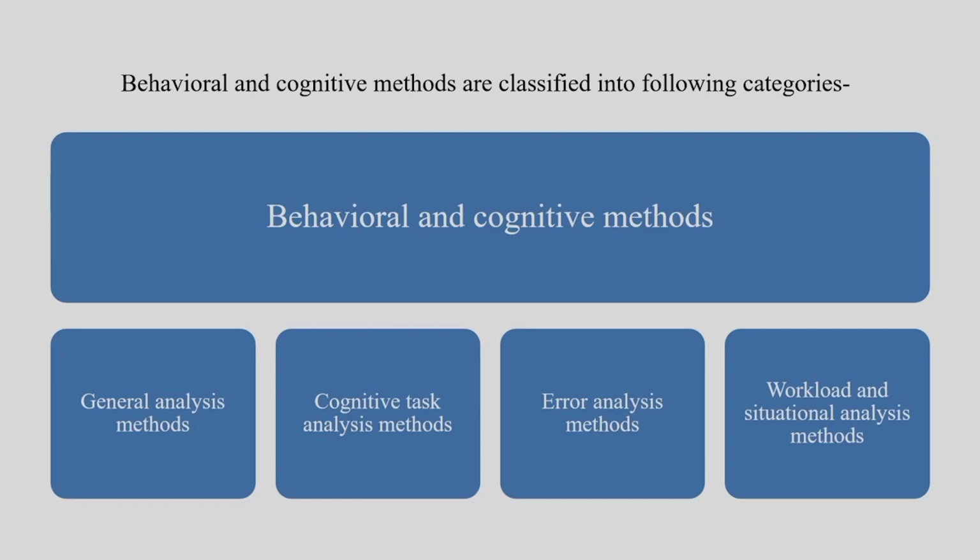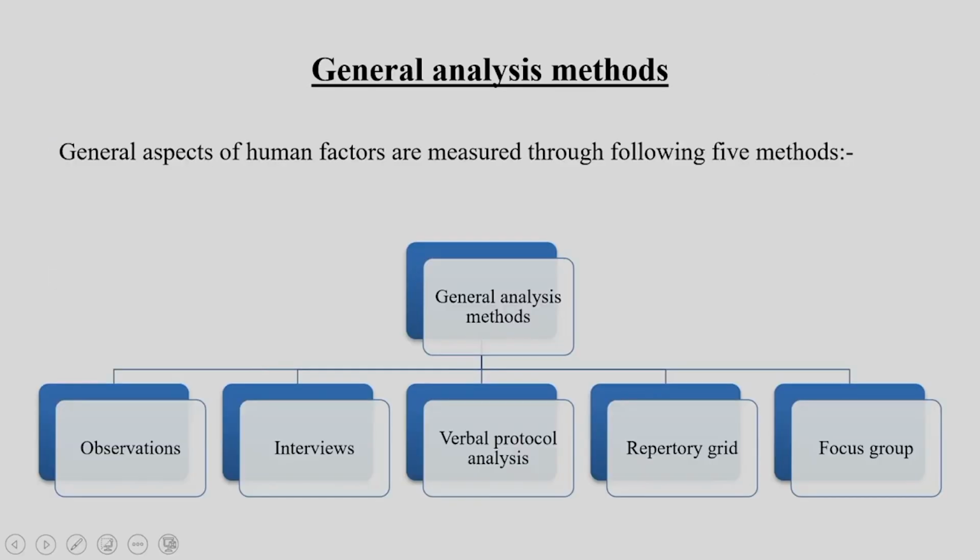However, it is not mandatory. Under the general analysis method, as I mentioned earlier, we have observation, interviews, verbal protocol, repertory grid, and focus group. These are majorly used. Today we will give a short description, and in the next class I will take you through each with examples.